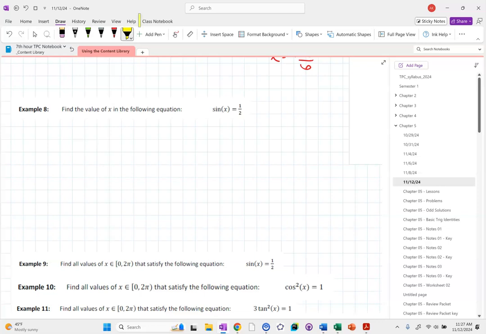So we know that pi over 6, and anything coterminal to pi over 6, is a solution. Rather than writing that with words, we're going to write it with symbols. To write everything coterminal to pi over 6 with symbols, we write plus 2 pi k, where k is an integer.